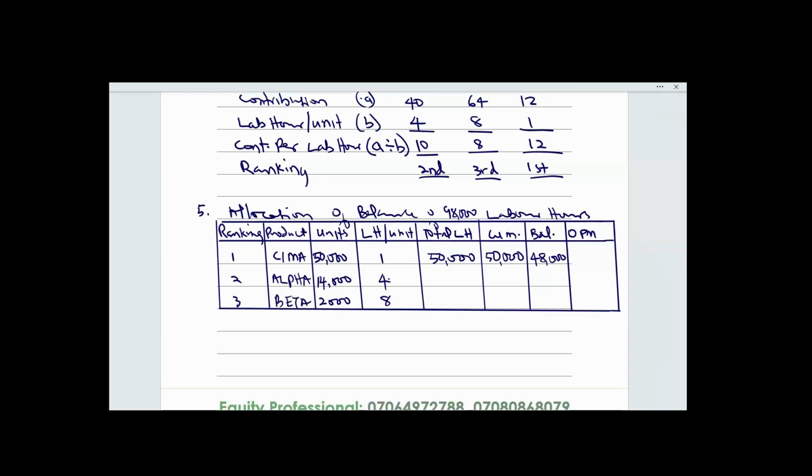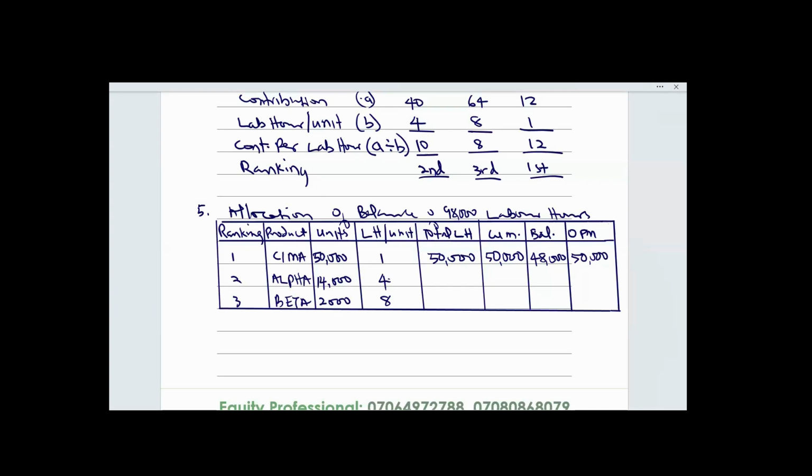Okay, so we are going to produce 50,000 units for Sigma, because there's no restriction. You require 50,000 labor hours, and you have allocated the 50,000 labor hours. That means there's no restriction. That's why we are producing the optimal product mix. We are producing 50,000 units.